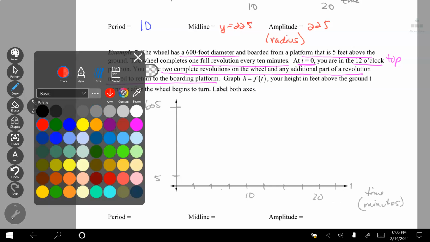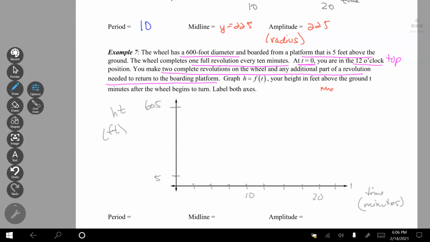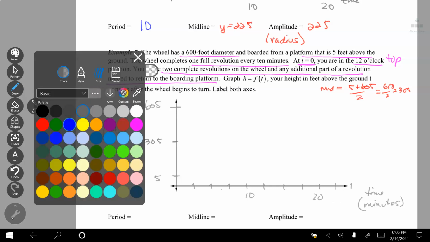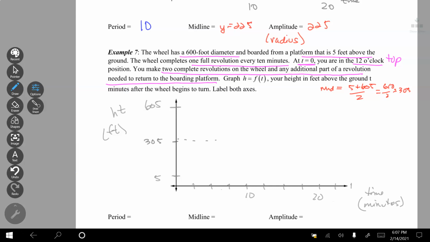So my midline is going to equal 5 plus 605 over 2, 610 over 2, which is 305. So right here in the middle, I'm going to mark 305. And I'm going to draw this midline across the middle of the page.